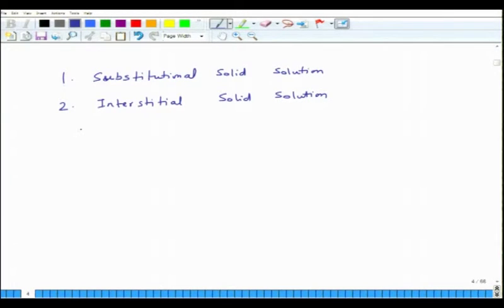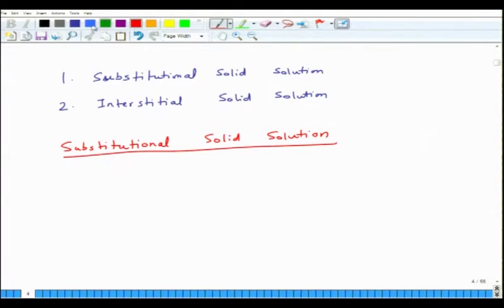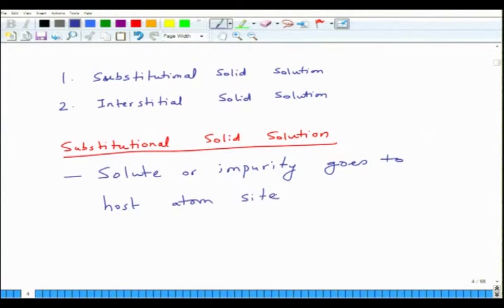Substitutional solid solution basically means that the solute, or you can say impurity atom, goes to a host atom site.